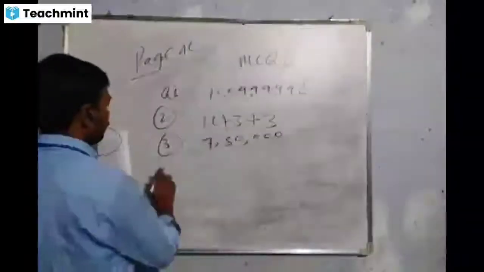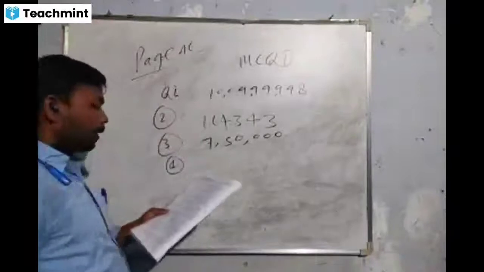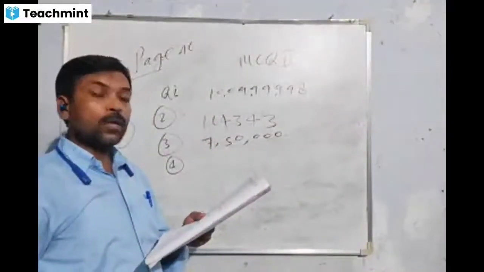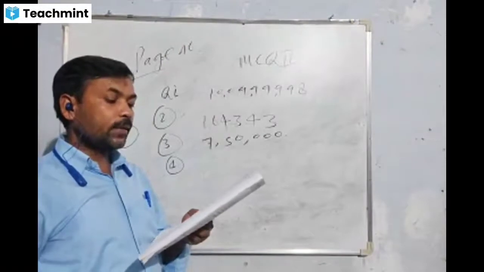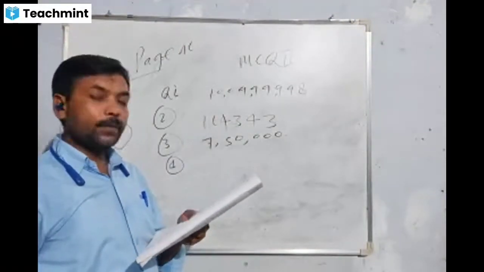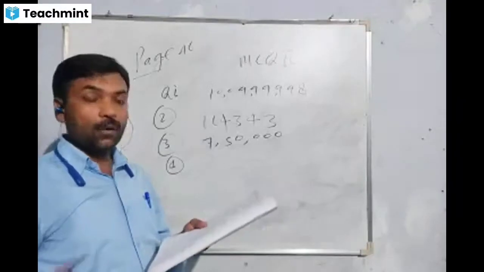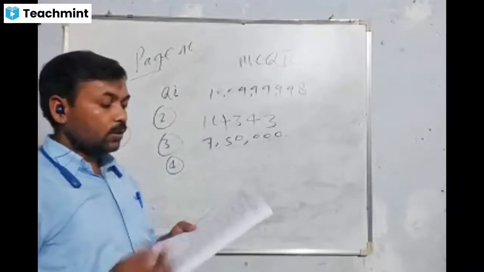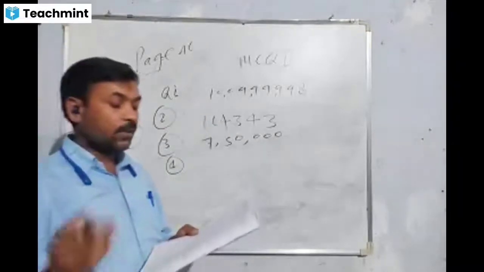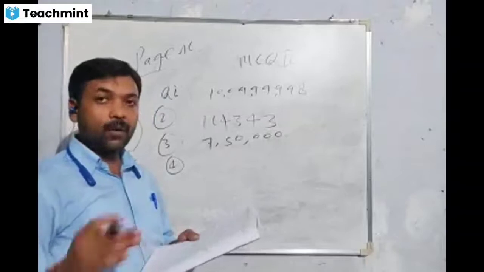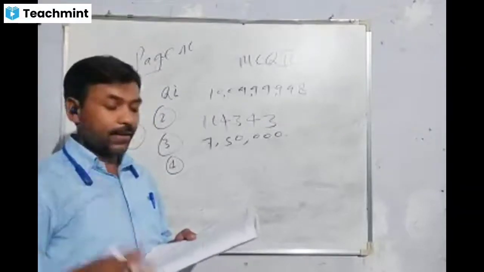And the fourth one: what is the estimated product when 157 and 817 are rounded to the nearest 100 and multiplied? We are asked, after rounding to the nearest 100, if you multiply, what will be your answer? So 157 rounded to the nearest 100 is 200, and 817 rounded to the nearest 100 will be 800.